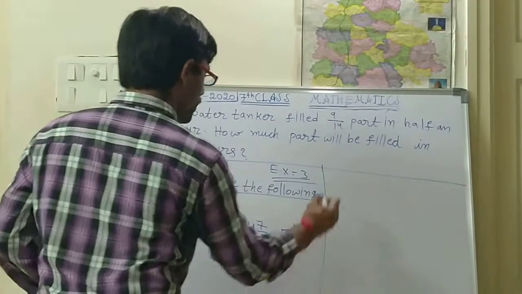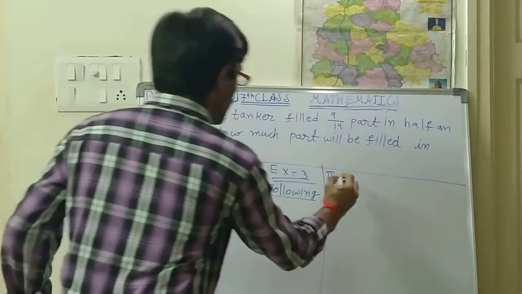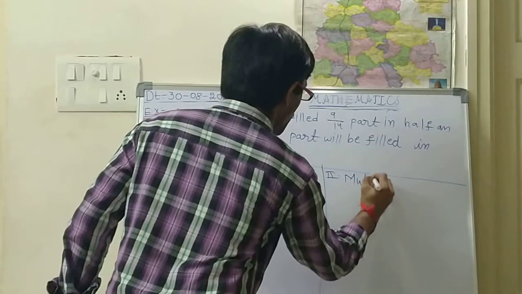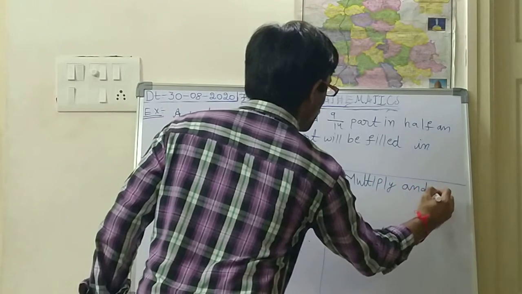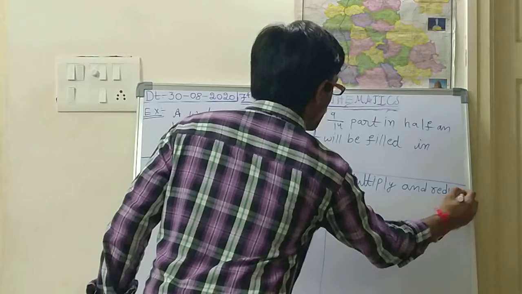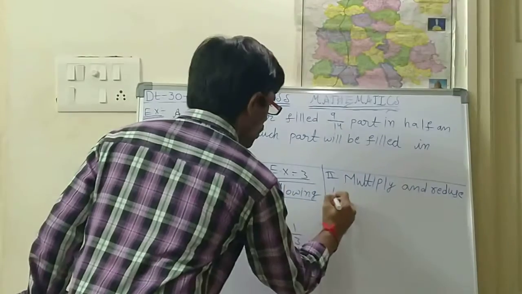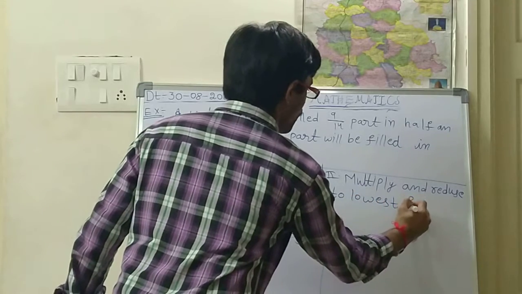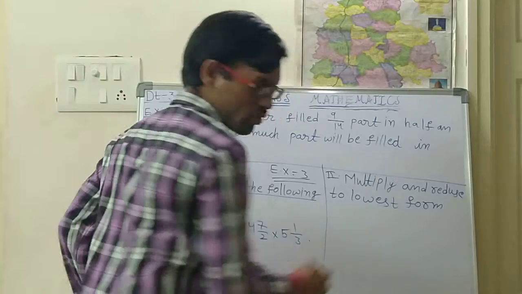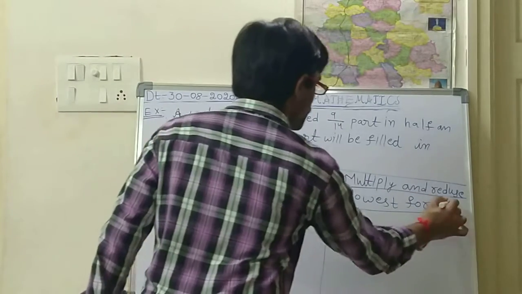Next, second bit. What is the second bit? Multiply and reduce. Reduce means decrease. Reduce to lowest form. Okay, multiply and reduce to lowest form.